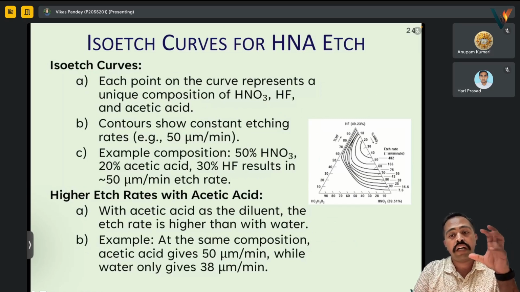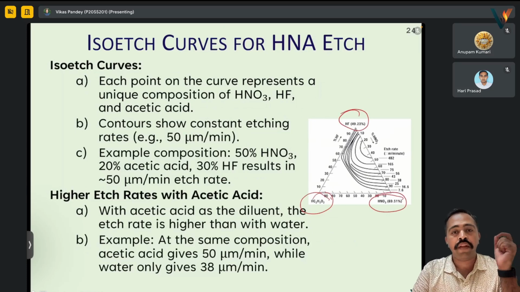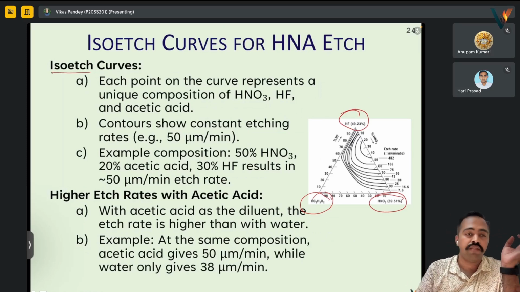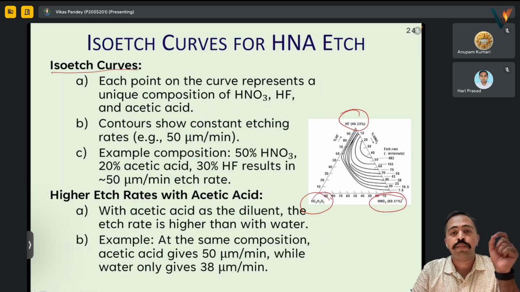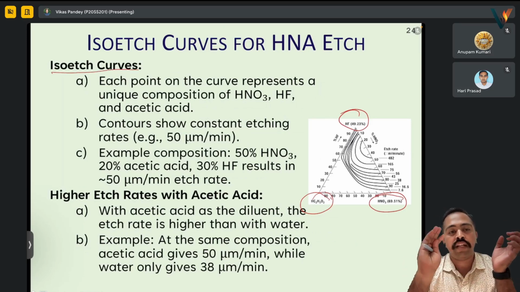To understand, this solution is a combination of three things: HF, acetic acid, and HNO3. The combination of these three, in what proportion it will be, that is represented using iso etch curves. Each point on the curve represents a unique composition, a unique ratio of HNO3, HF, and acetic acid.